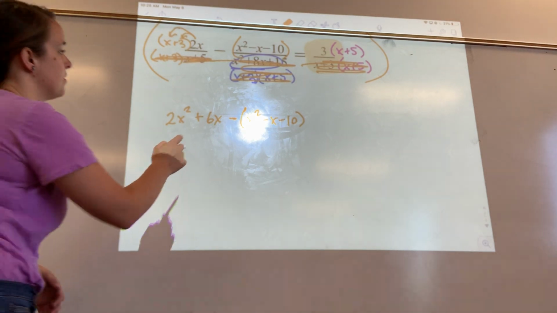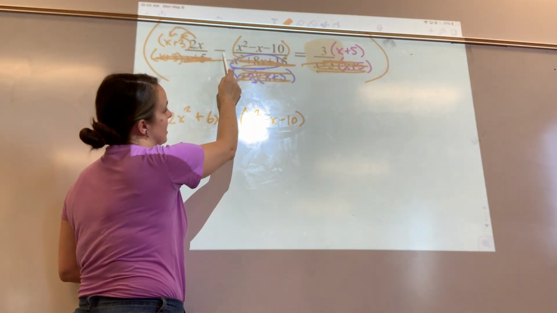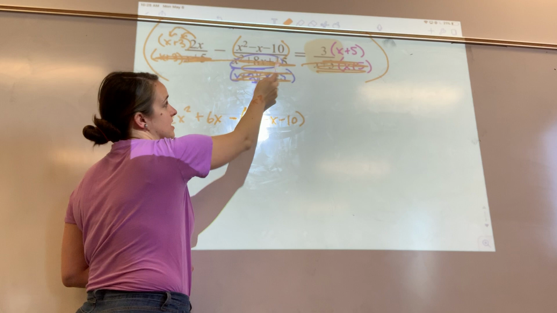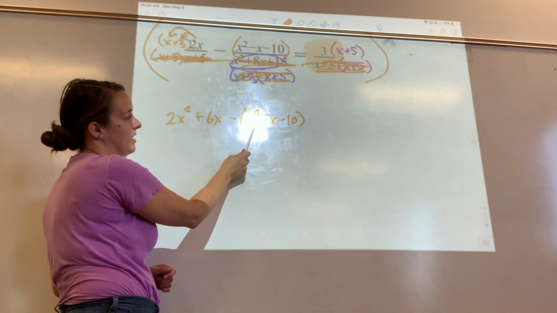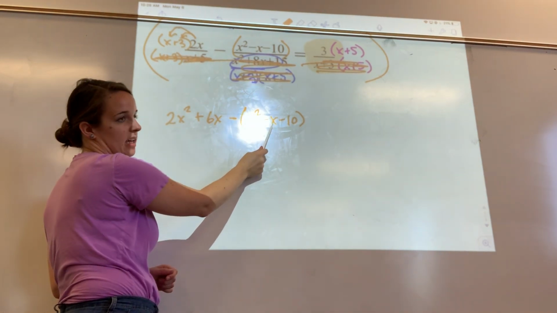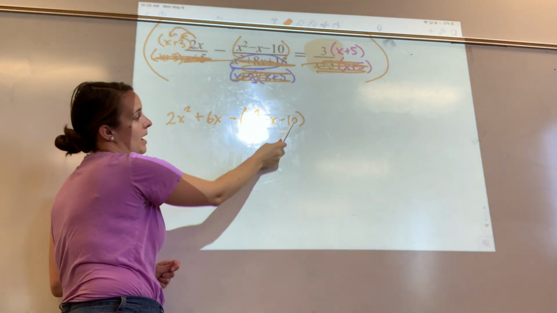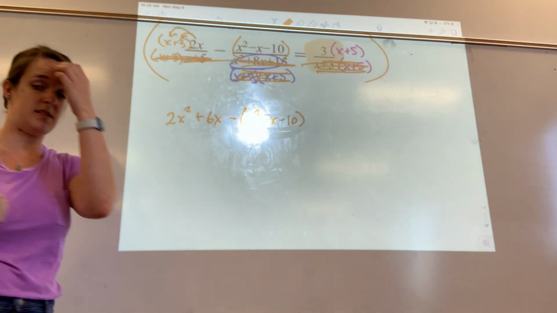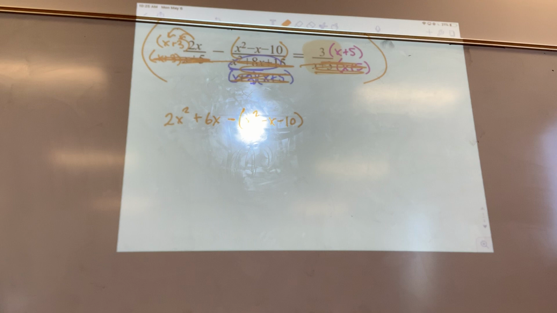I'm gonna be really careful when I'm putting this negative here because I'm subtracting that whole entire thing. So really this is minus x squared, minus a negative x is gonna turn positive, and minus negative 10 is gonna turn positive. Is equal to, what's on the other side of the equal sign? 3x plus 15.